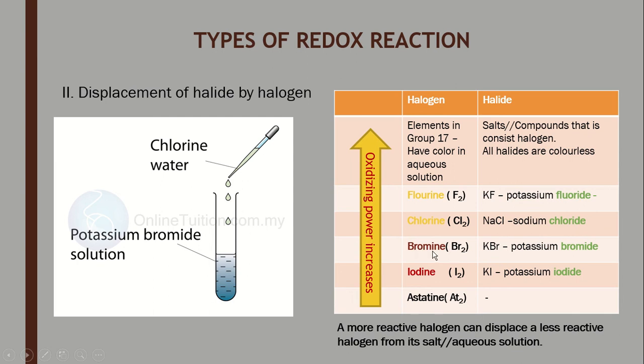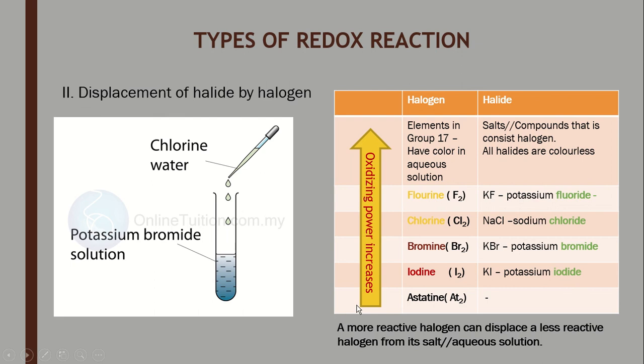In halide we call it bromide, or potassium bromide, sodium bromide, lithium bromide. Next is iodine. In halide known as iodide, or potassium iodide, sodium iodide, lithium iodide, iodide salt.